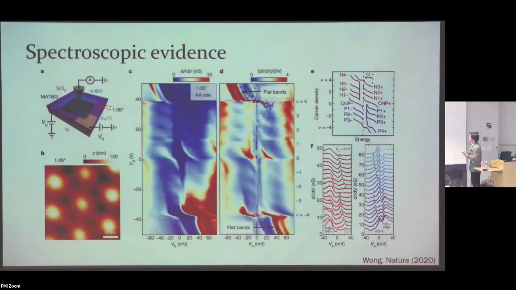So further evidence comes from spectroscopy, okay, and much of this work has been done here at Princeton actually, by the Yazdani group. So you can see here that if you look at the dI/dV tunneling spectroscopy from an STM experiment on one of these AA spots, then you can also see that near the Dirac point, you see this kind of characteristic curve shape, but you see a replica of the same thing at nu equals 1, nu equals 2, nu equals 3.